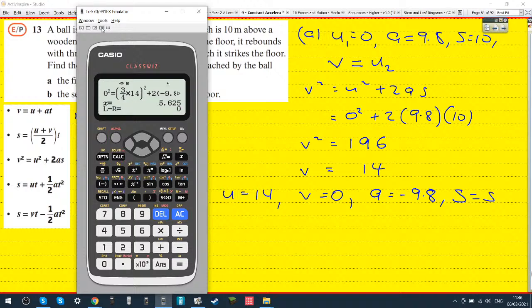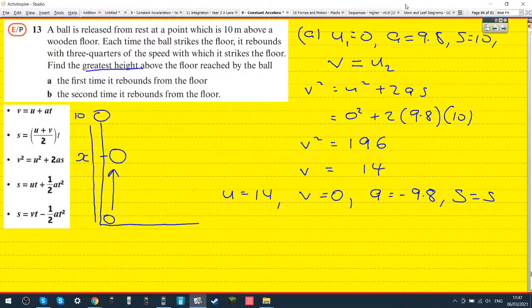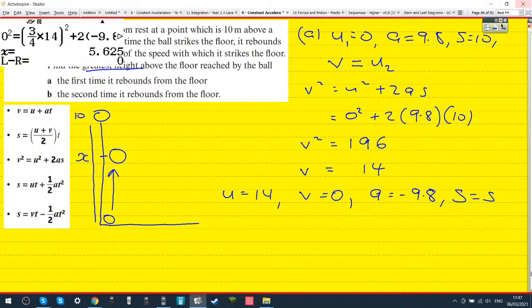Yep, great. Answer equals 45/8. Okay, second time it bounces.